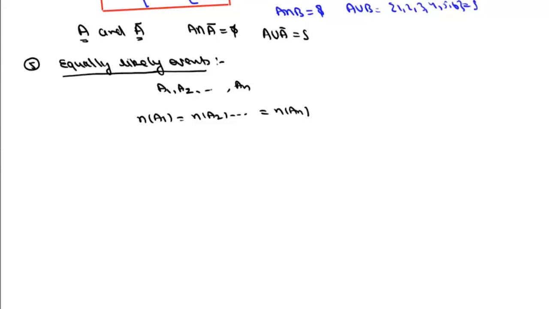Now with all these basic terminologies, we'll be able to define the classical definition of probability.